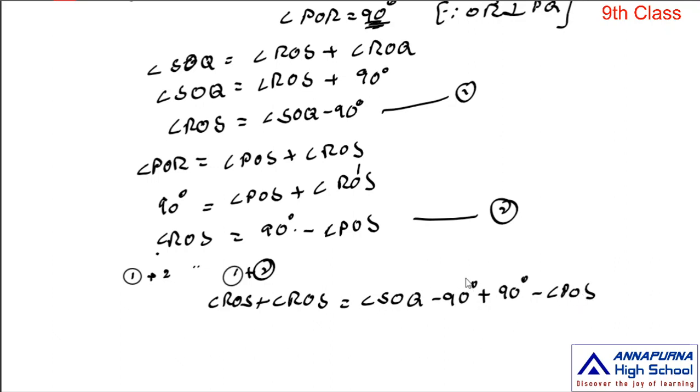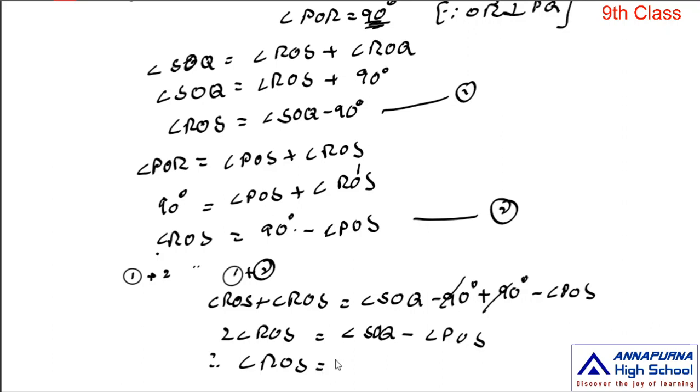Minus 90 degrees and plus 90 degrees cancel. 2 angle ROS is equal to angle SOQ minus angle POS. Therefore, angle ROS is equal to half of (angle SOQ minus angle POS).